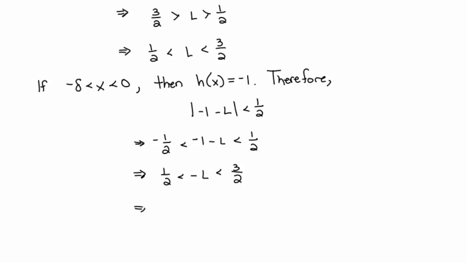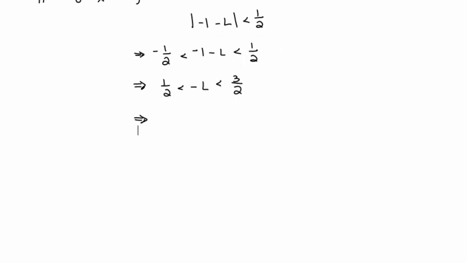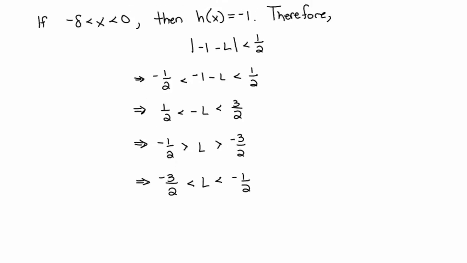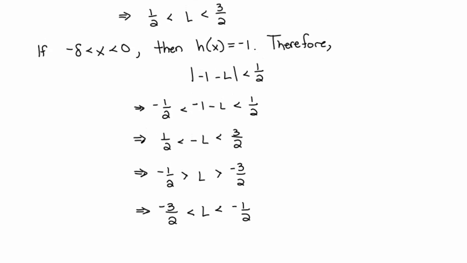And multiply everything by the negative. Remember, when you do that, you swap inequality signs. And I like to write from lowest to largest, so that'll be -3/2 is less than L is less than -1/2. But if you look at these two inequalities, there's a problem.